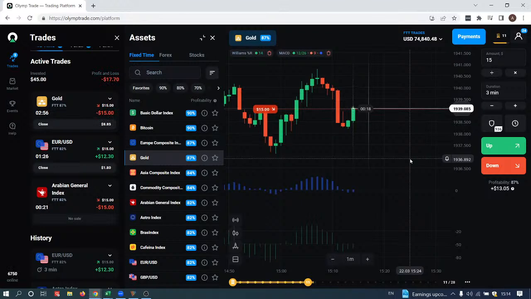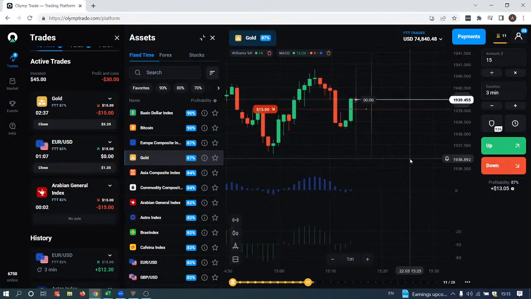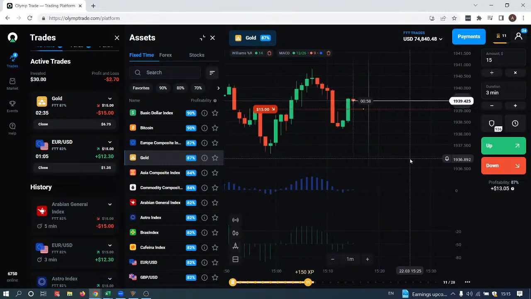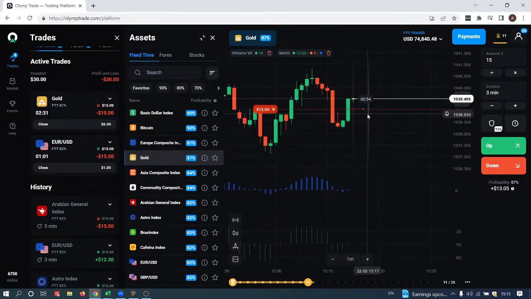My goal is to have at least 60% winning trades. So the bare minimum, the break-even point, is probably 53% with expert status if you trade with 90% profitability, or 55% if you trade with 82% profitability. You can try to do the calculations in Excel, or even on paper.